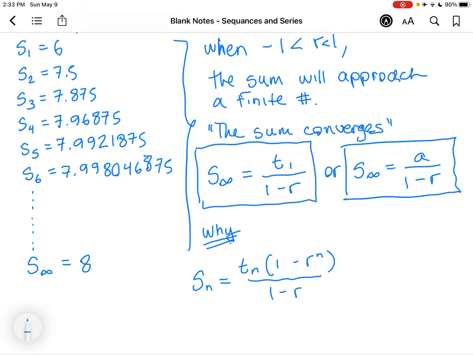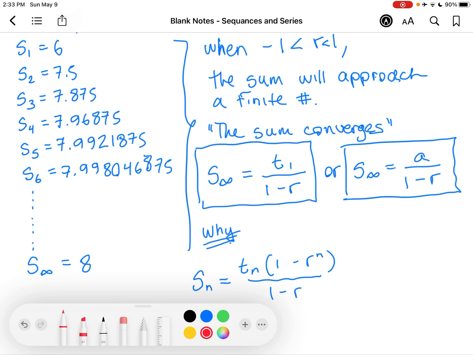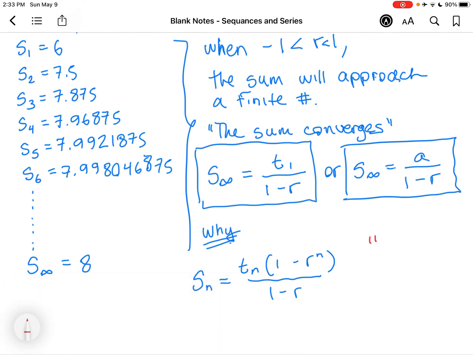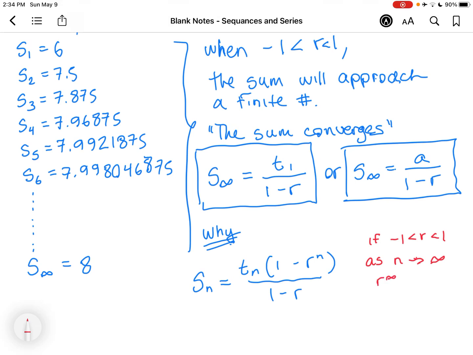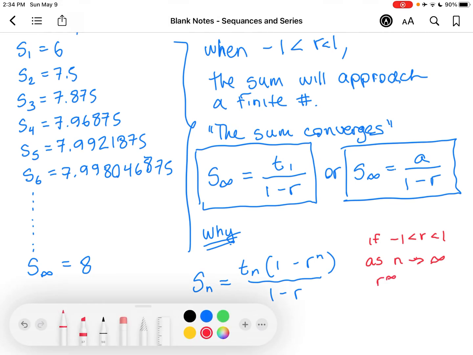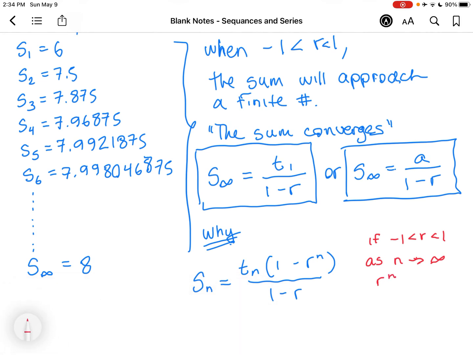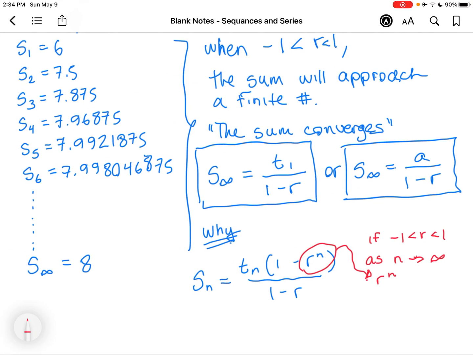Well, if r is between -1 and 1, then as n approaches infinity, r to the n, this term over here, is actually going to approach 0.